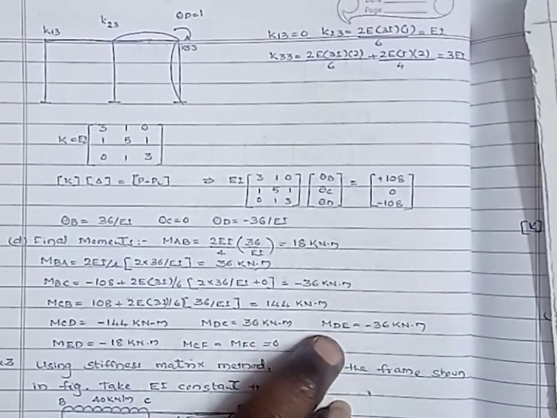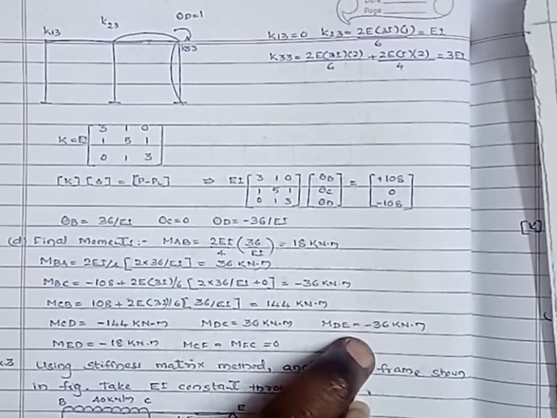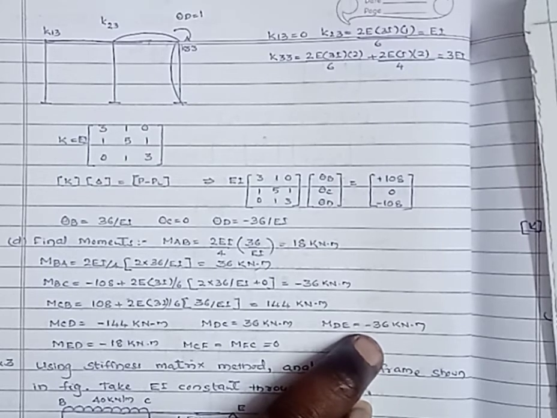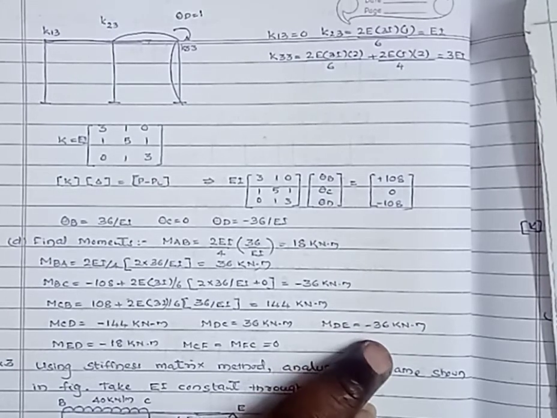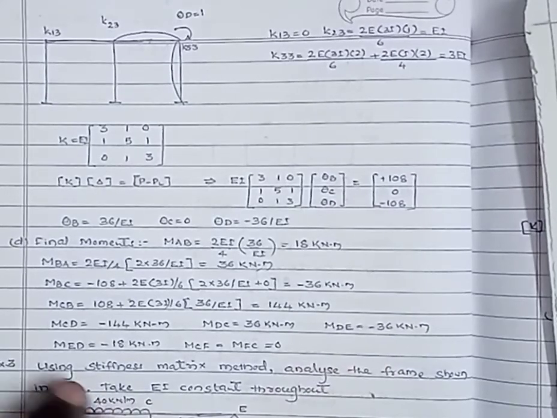For the vertical member MDE, MFDE is 0 plus 2EI by 4 inside the bracket 2 theta D plus theta E, which is 0. Then by simplification you will get minus 36 kilonewton meter.